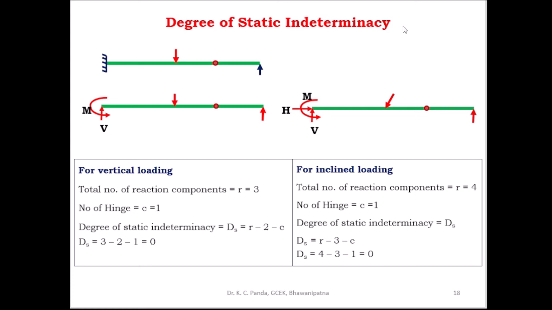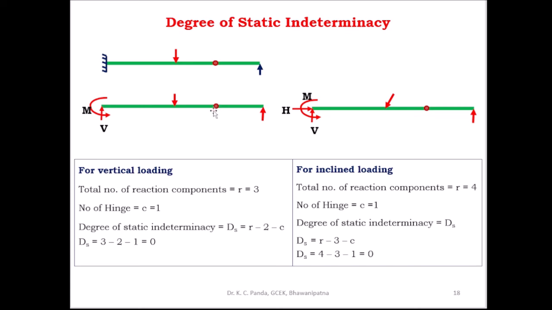Now coming to this example, to determine the degree of static indeterminacy. This is a propped cantilever beam, and here there is one internal hinge. If the loading is vertical, in this case at the fixed end there is a vertical reaction and moment, and at the other end there is only a vertical reaction. The total number of reactions is 3, so r is equal to 3, the number of members is equal to 1, and the number of joints is equal to 2.